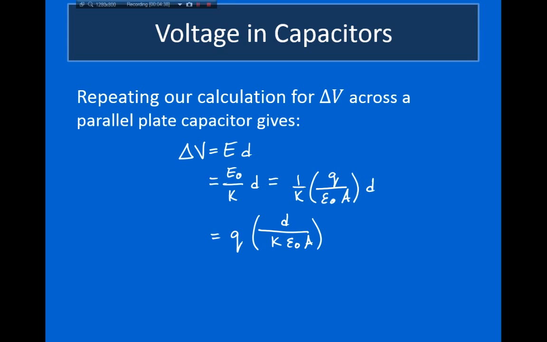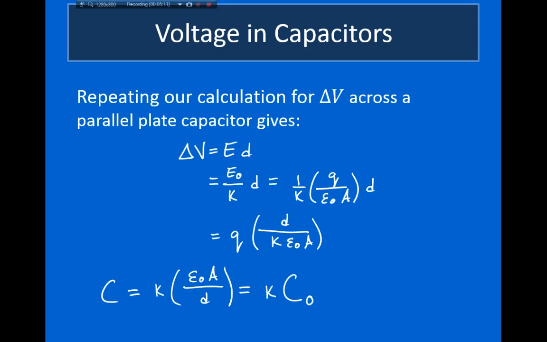So the capacitance of the parallel plate capacitor is now equal to kappa, that's the dielectric constant, times epsilon naught A divided by D. In other words, it's going to be the dielectric constant times the capacitance of the capacitor without the dielectric. So if you stick a dielectric inside a capacitor that has a dielectric constant of 2, then you will double the capacitance of the capacitor.